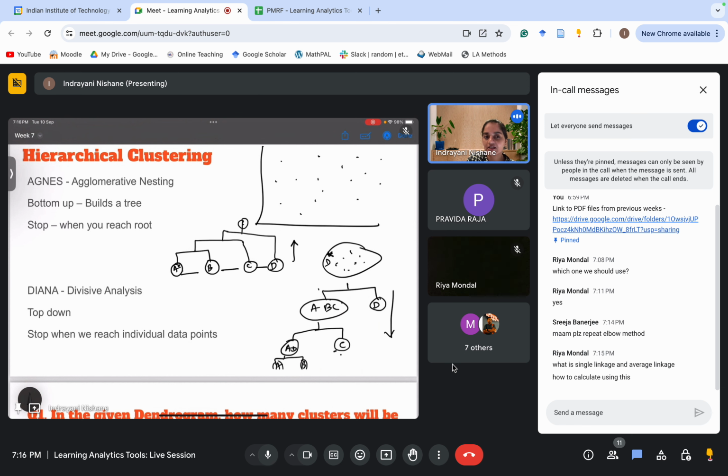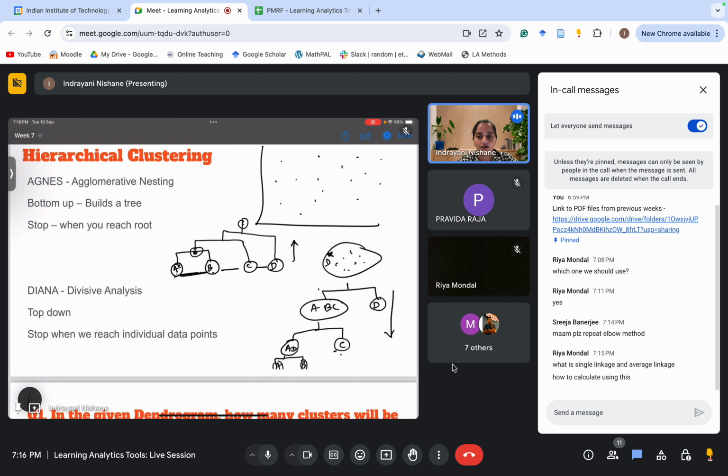So now we compute the distance between two clusters. Here A and B are two data points or two clusters, so we compute their distance and combine them. So we come to this point or new centroid, which would be the average of these two data points A and B, so that's the average linkage.